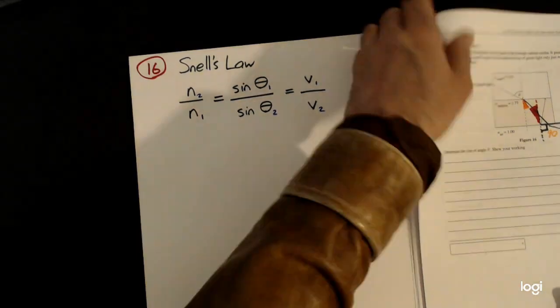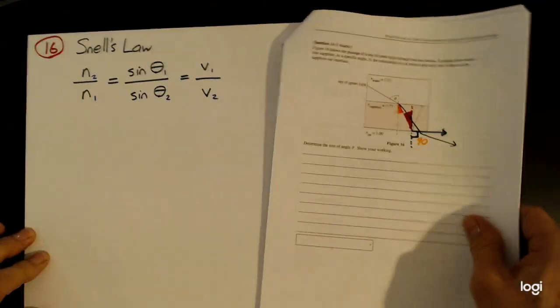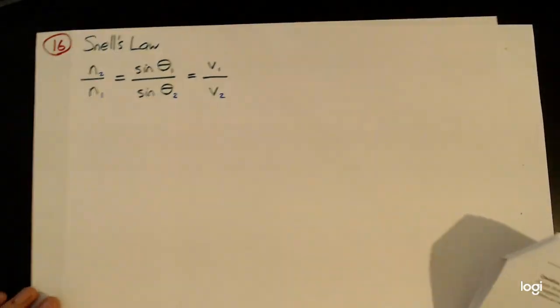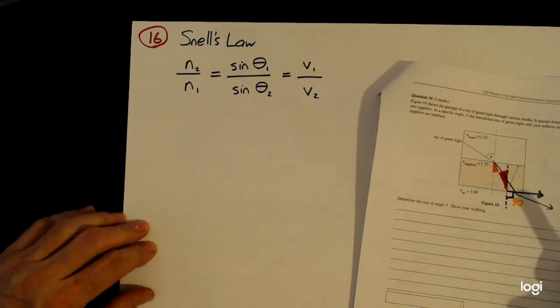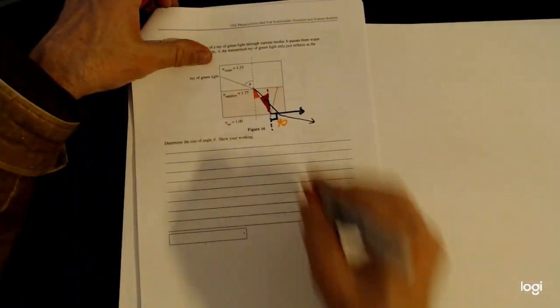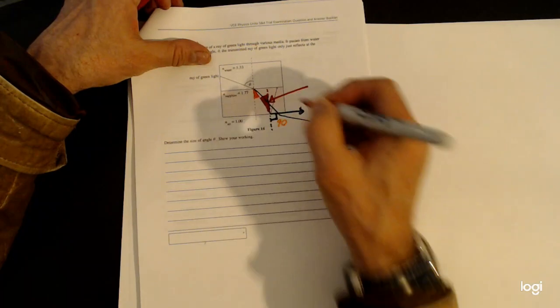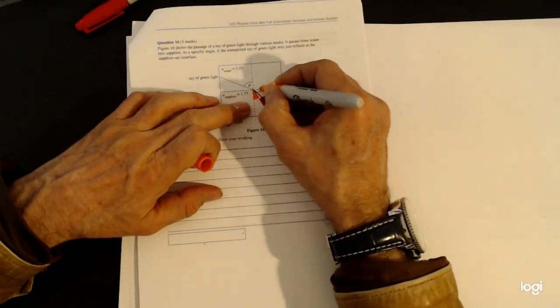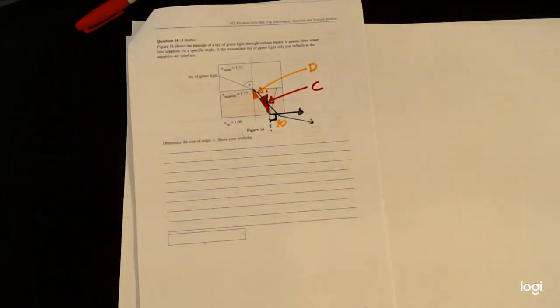Okay, so firstly, I'm going to start labeling some of these angles, because again, like I keep telling you, you are welcome to draw and label angles. So I'm going to call that big pink one angle C. I'm going to call that orange one angle D. Doesn't matter what you call them, you can call them anything you want.